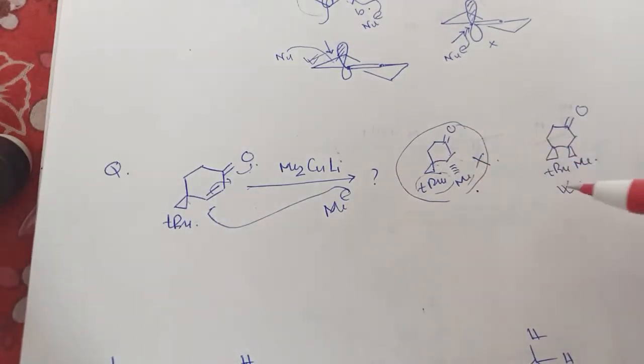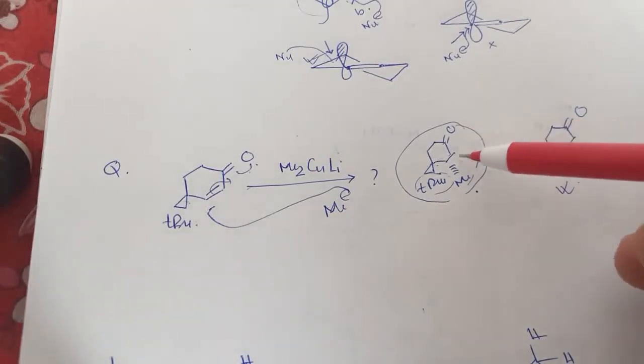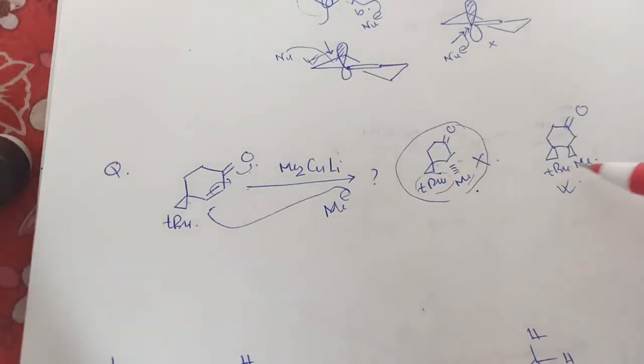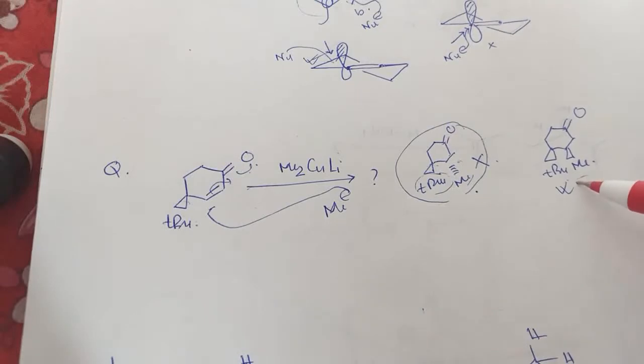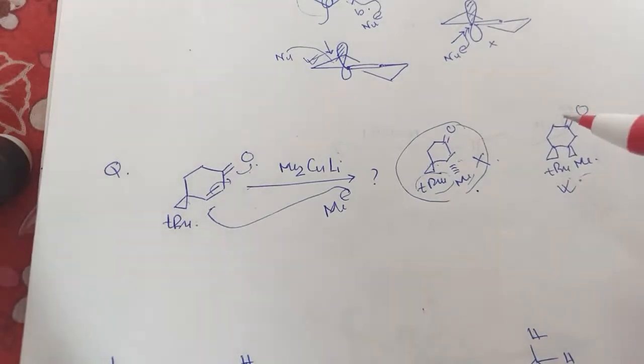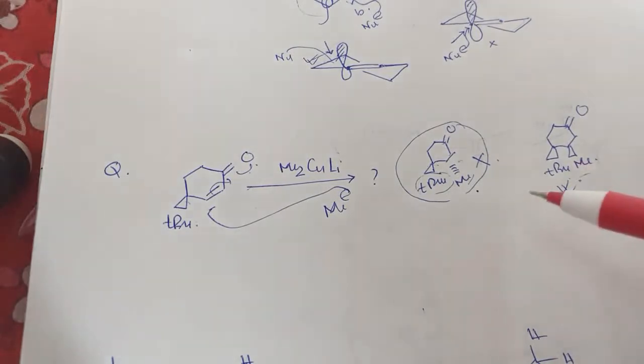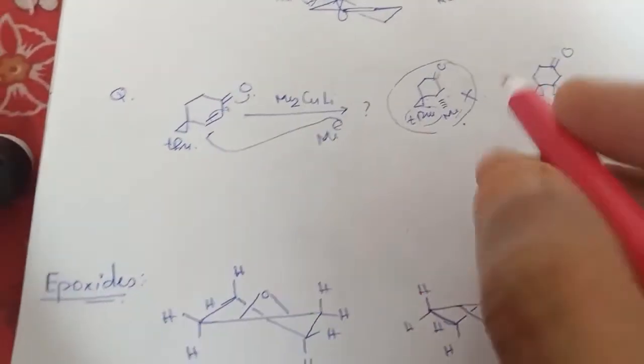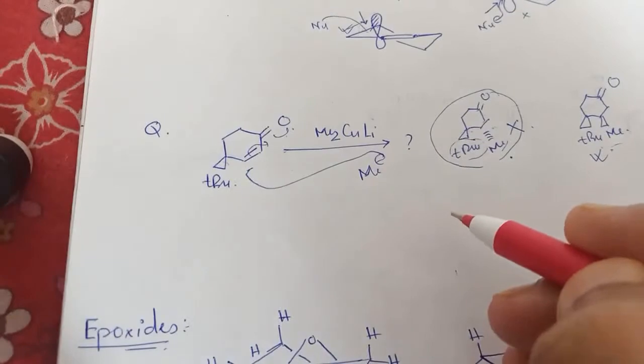But the expected product is not correct here. The right product is this. Methyl will be above. So to predict this product, we have to understand the transition state and the mechanism, how it looks. So stay tuned. I am showing you the mechanism.